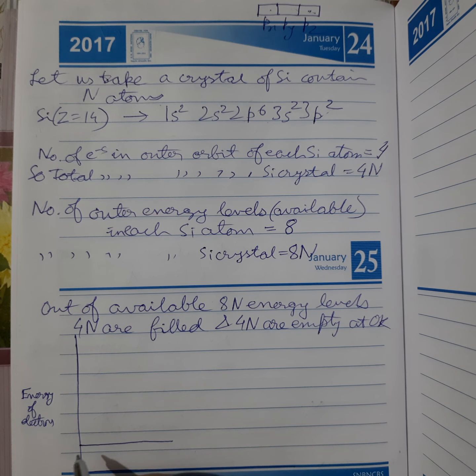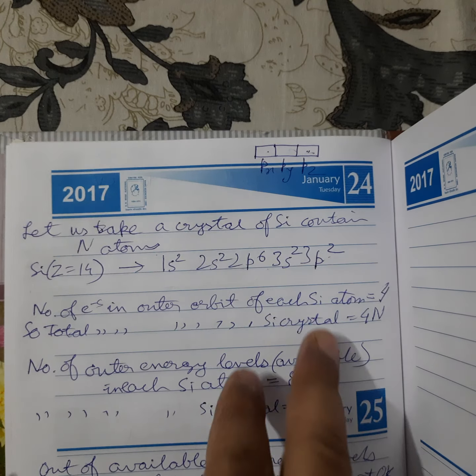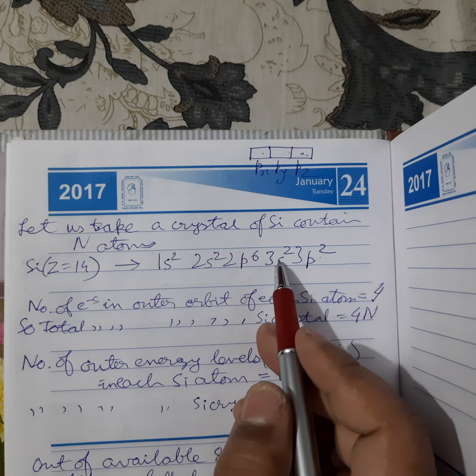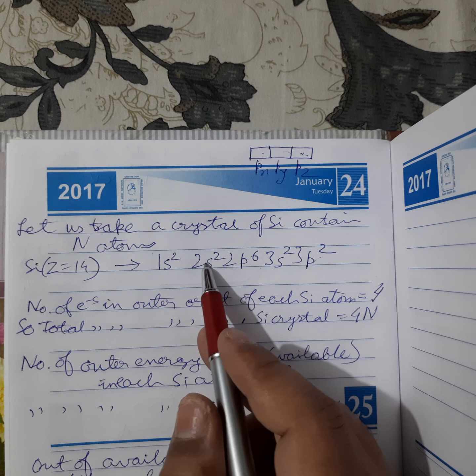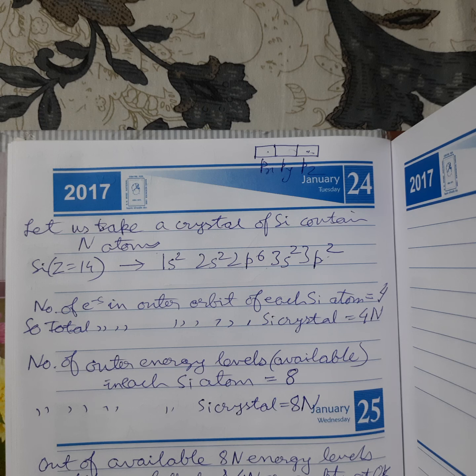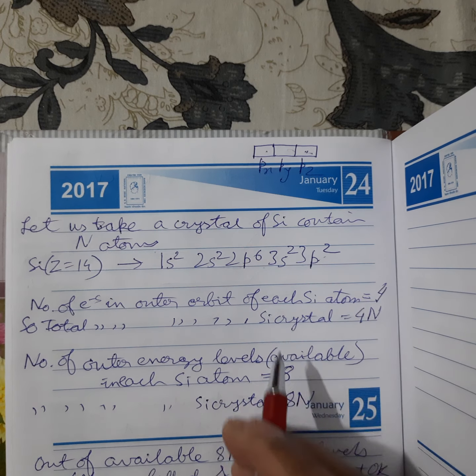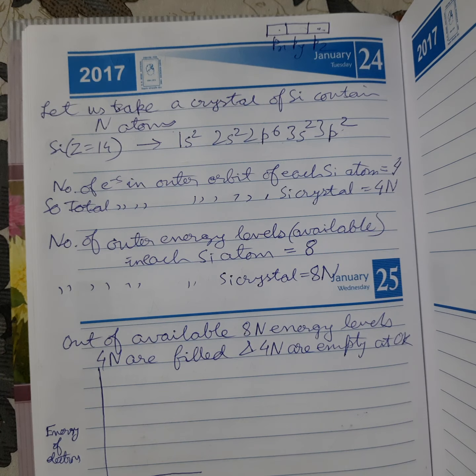I am not thinking about the below shells, that is the first shell, second shell, because they are completely filled and their interaction will also be less. So let's think about these things.